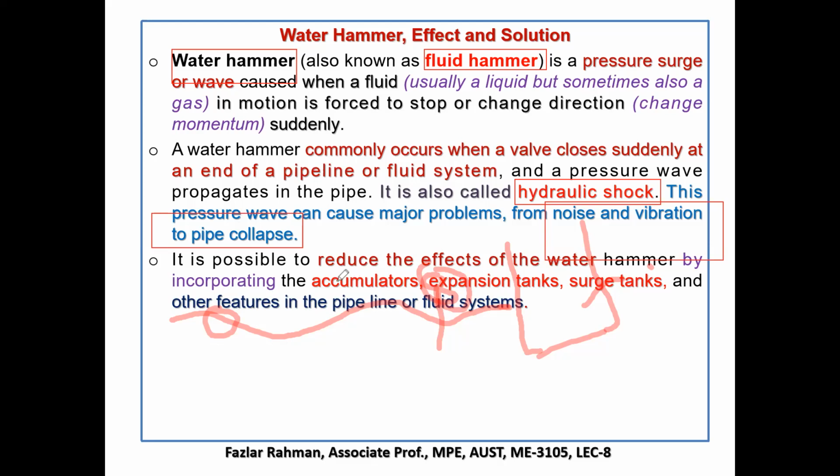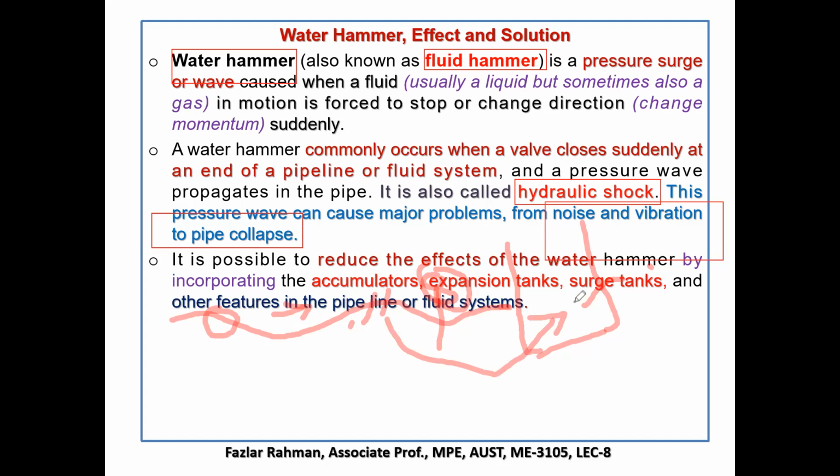It takes some time, and even if you immediately close the pump, some fluid will still keep coming for a certain time. So if you stop this valve immediately, it will cause vibration, it will cause noise, and your pipe might collapse. If the pipe collapses, there will be more leakage and it will worsen your tank leakage.